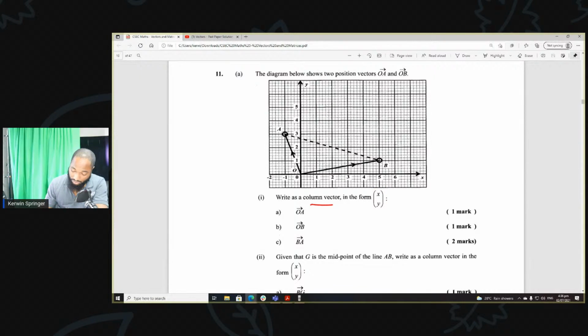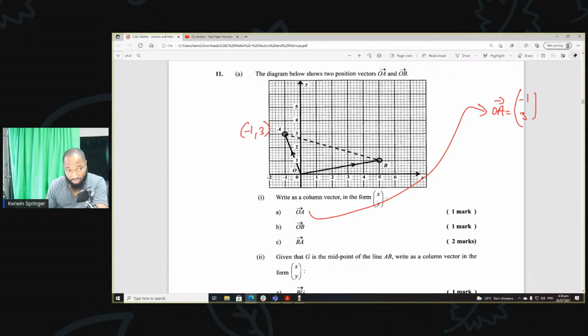Okay. So OA, you just find the points. OA is -1, 3. Now let me fix a little baby mistake there. You just make it vertical now, -1, 3.